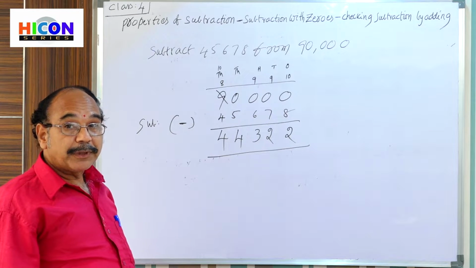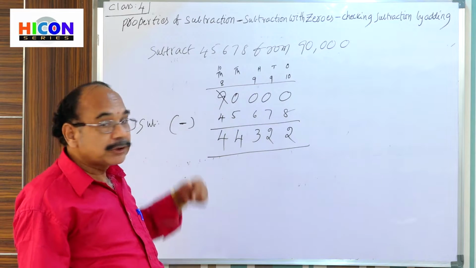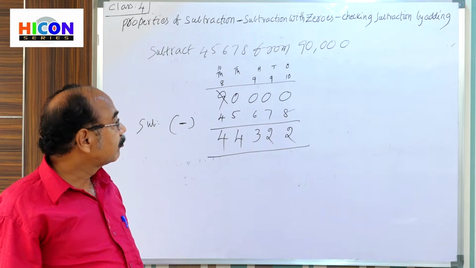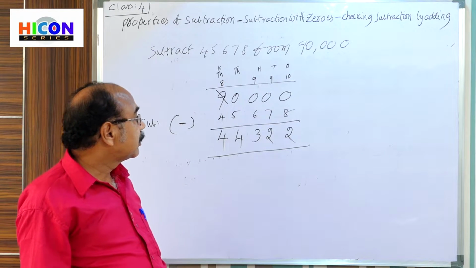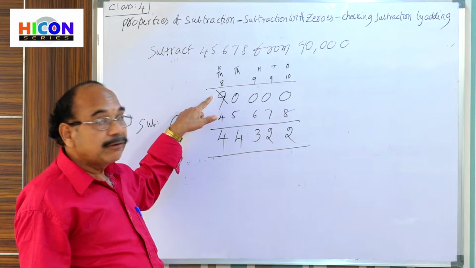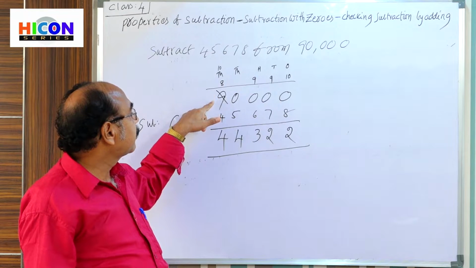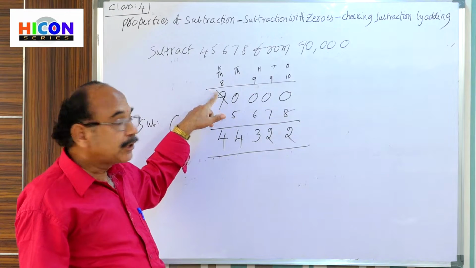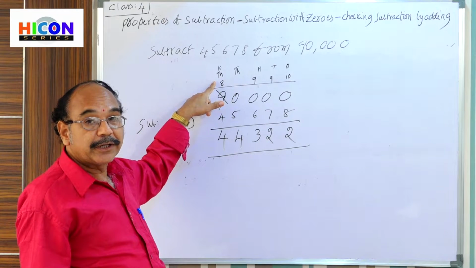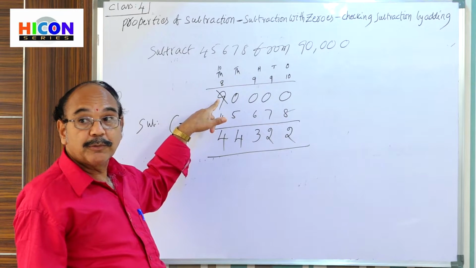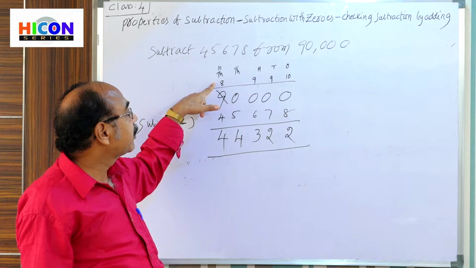Borrow came from the 10,000s place. That's why 9 gave borrow, so cancel 9 and write 8 here.